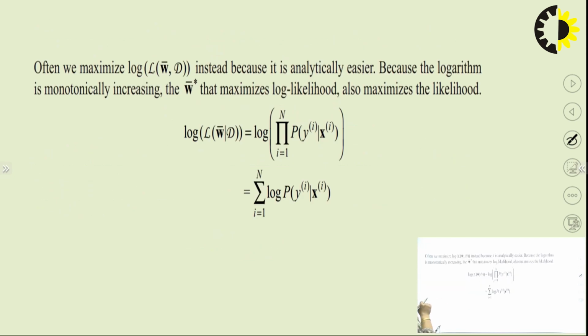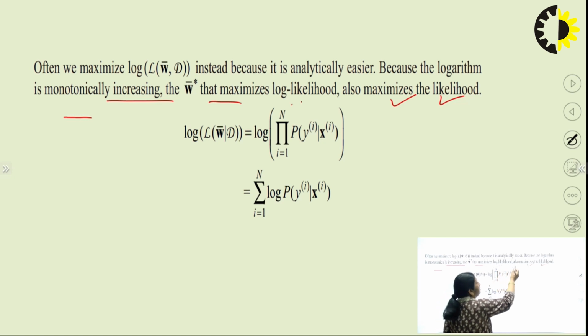Now, as the log is monotonically increasing, we can go for the maximization of the log likelihood, because when the log likelihood is maximized, it automatically maximizes the likelihood. The W that maximizes the log likelihood also maximizes the likelihood. And what is the benefit of taking the log?